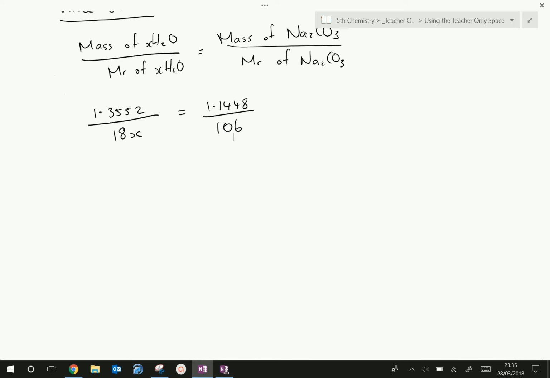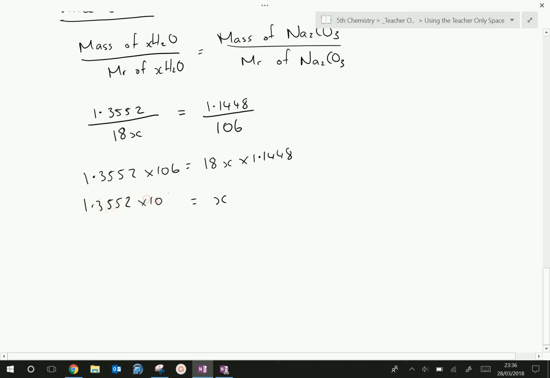Now if I cross multiply, I get 1.3552 times 106 equals 18x times 1.1448. And then to isolate x on its own, we'll have 1.3552 times 106 all over 18 times 1.1448.